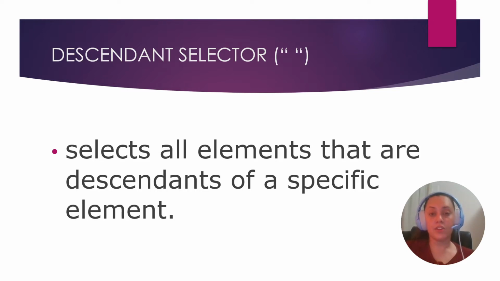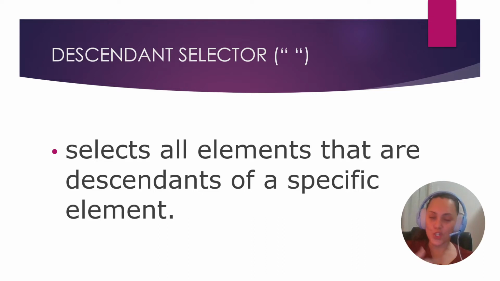Okay? So when we talk about combinators and stating relationships between HTML elements, it is easier if we think of them as a family. For example, if I pick my grandmother as reference, I can say that I am a descendant of my grandmother, right? My cousins are also descendants.